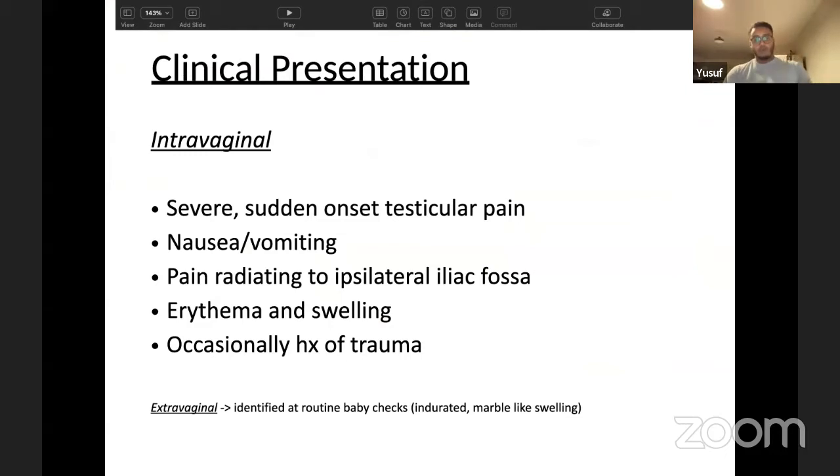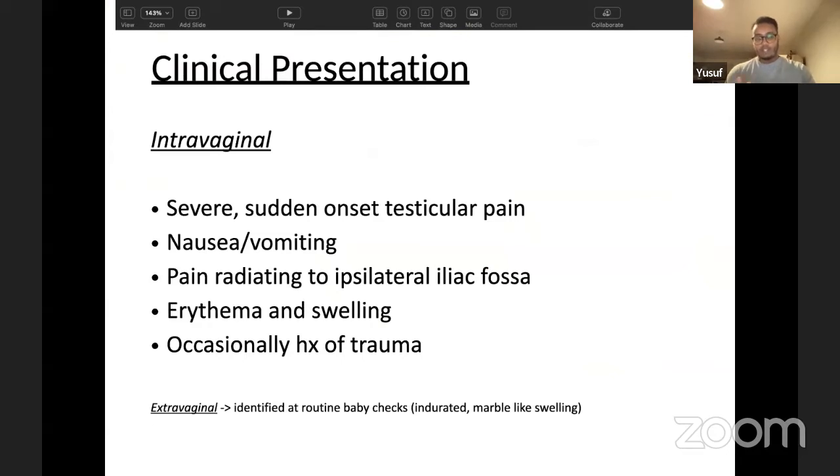So, clinical presentation. Very classically, it's sudden onset, out of the blue, severe unilateral testicular pain associated with nausea and vomiting. The pain radiates to the lower abdomen on the same side as the affected testis. You'll have erythema and swelling. And sometimes, and this is important, there'll occasionally be a history of trauma.